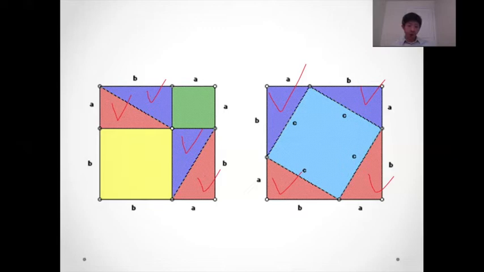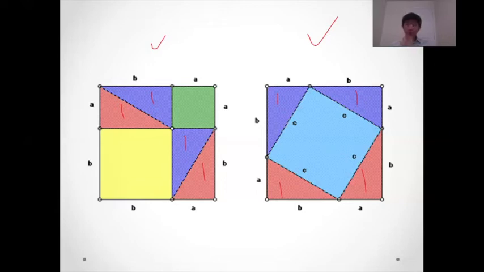What else? Since these are 2 squares, this square and this square are the same, and therefore this triangle is the same. So can we just prove this visually?